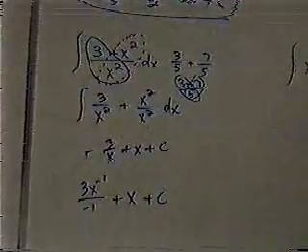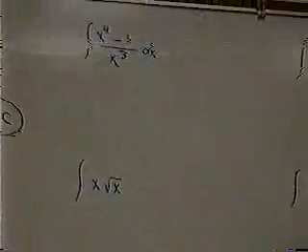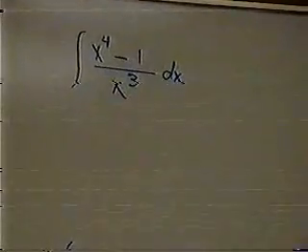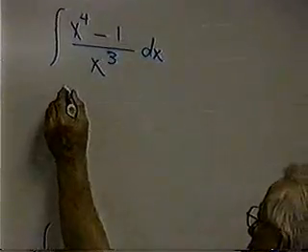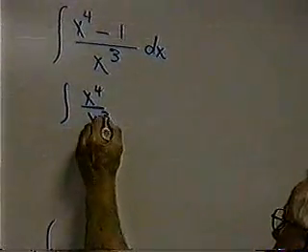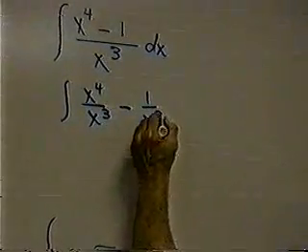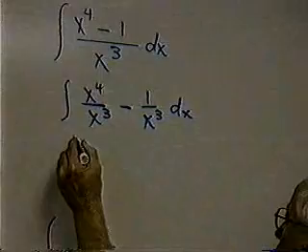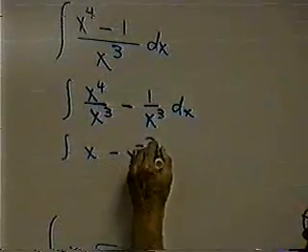All right, so let's look at another example of it. What we have here is a single term denominator. Therefore, we rewrite this as x to the 4th over x cubed minus 1 over x cubed. And then that's rewritten as x minus x to the minus 3.